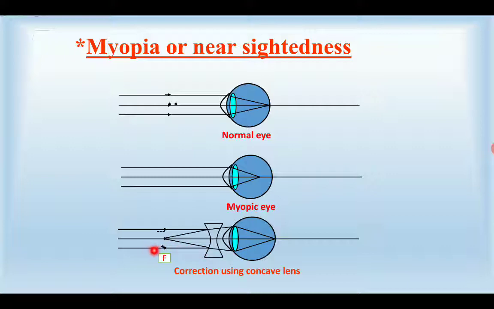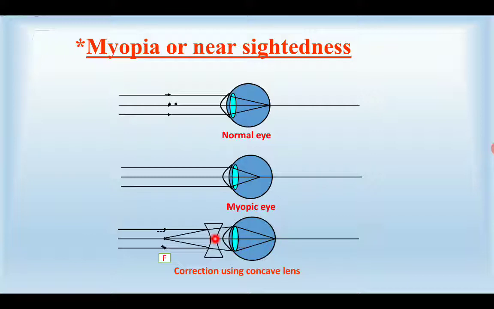The light rays fall on the concave lens, are diverged, and we produce these light rays in the opposite direction in order to get the virtual image. So the image is formed at this position F, and this virtual object acts as the object for this eye lens, and here the image is formed at the retina.